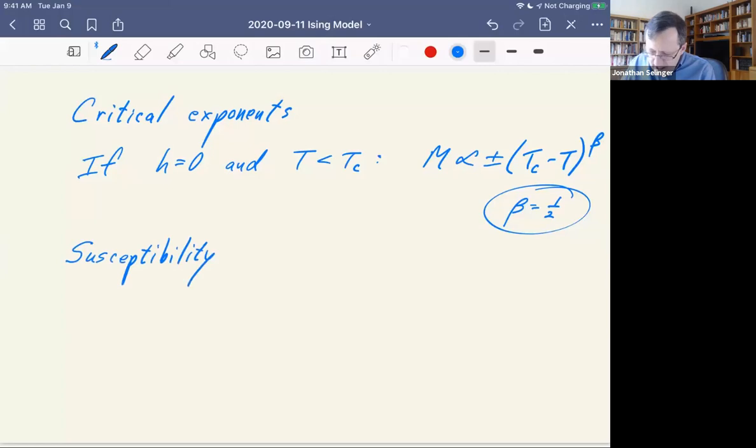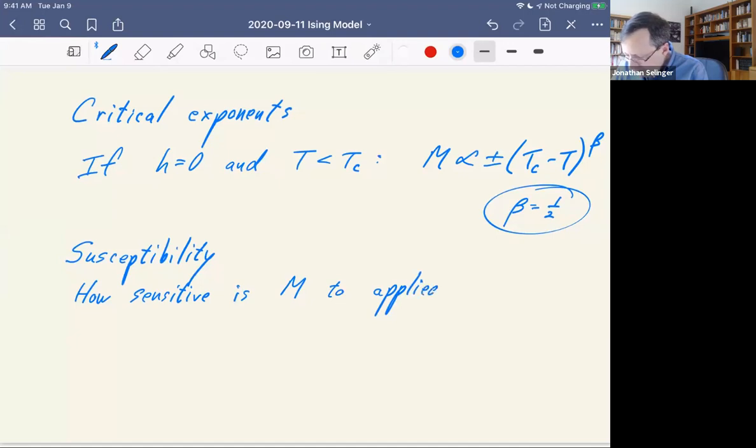That is how sensitive is M to an applied field, when T is greater than TC.